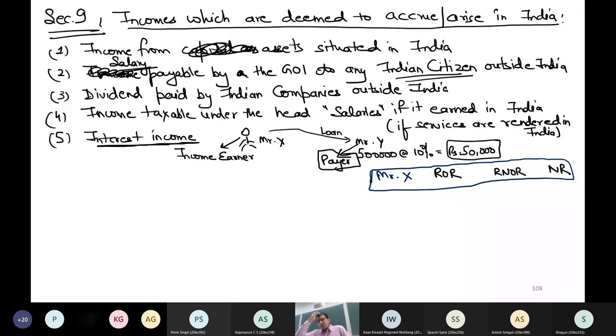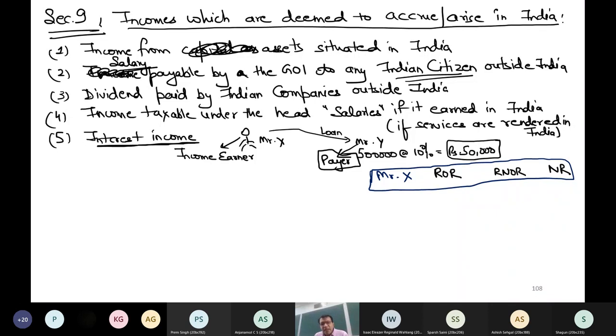Now in this provision of interest, the point is we also need to check where the borrower has utilized this amount. That is why it has become technical. There can be a simple question: why are we concerned with Mr. Y?